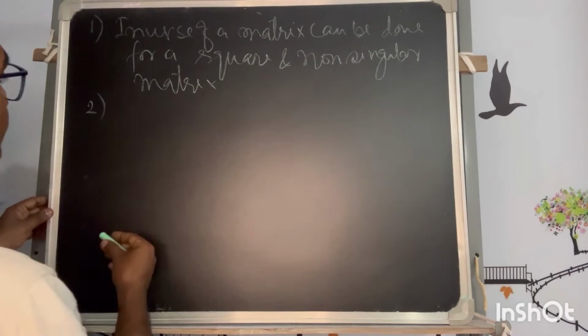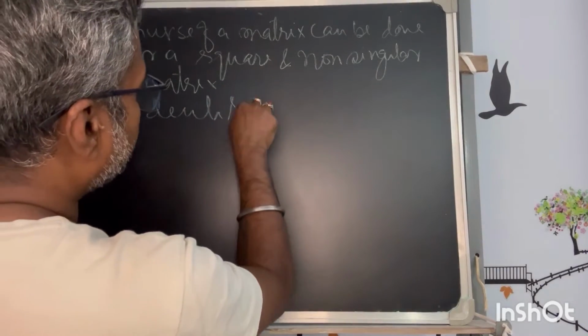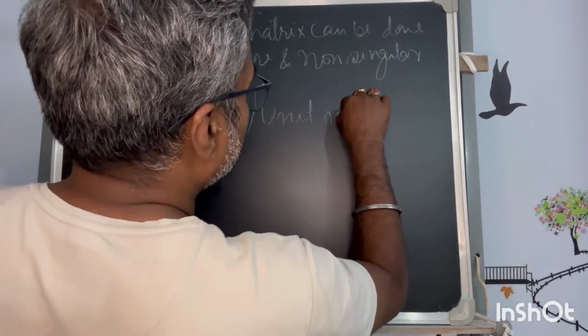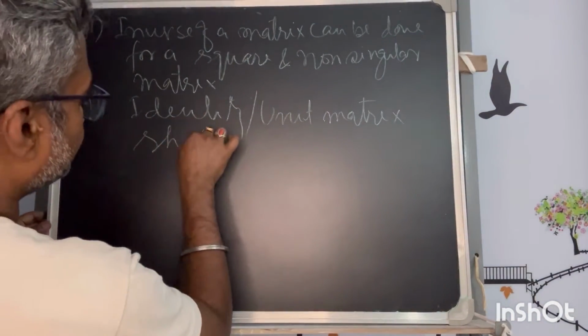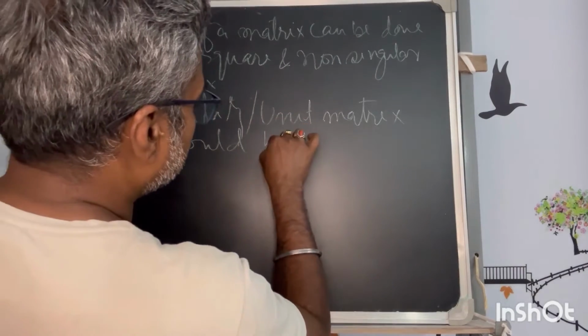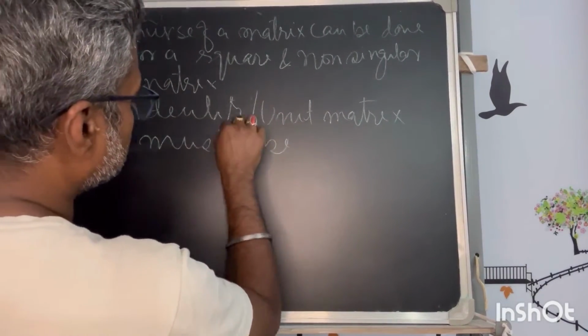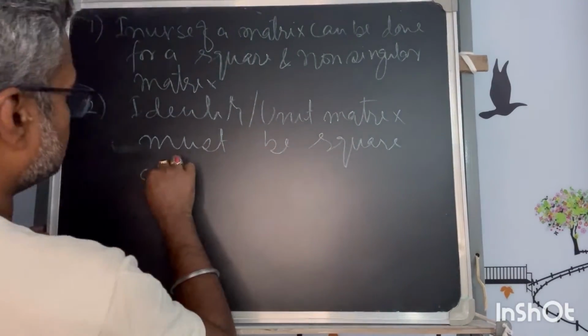Second is that the identity or unit matrix must be a square matrix.